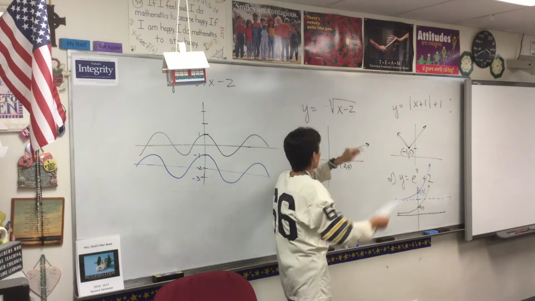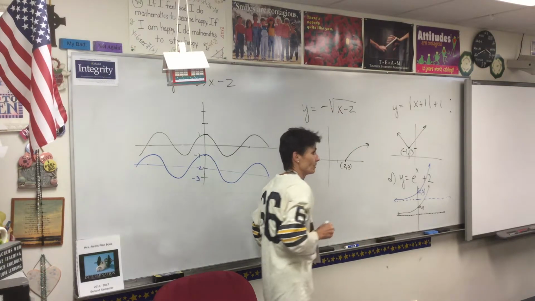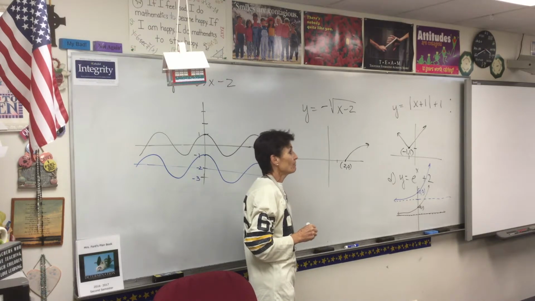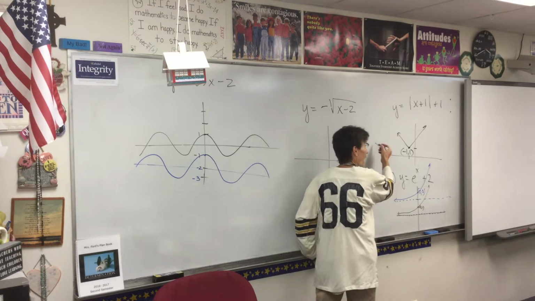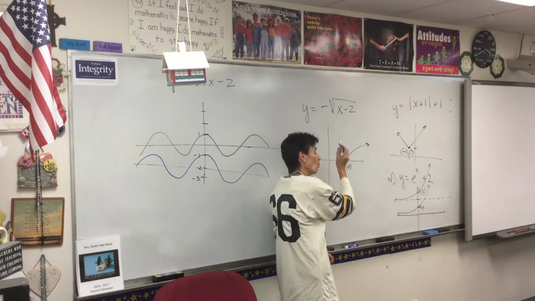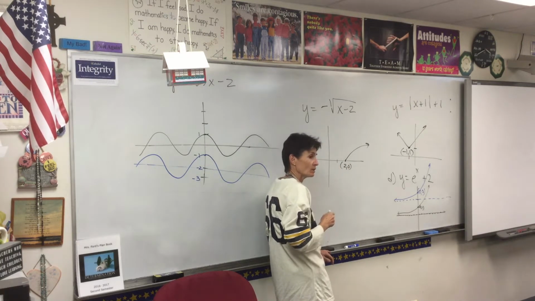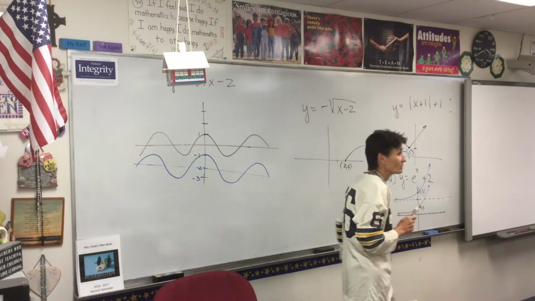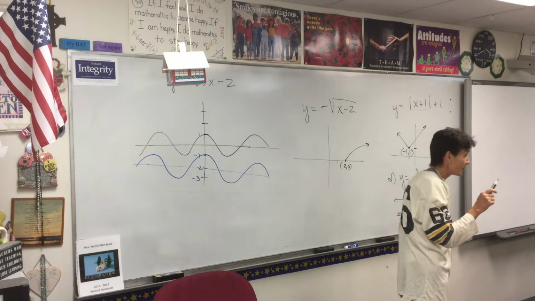This is so not fair. What, you did it last year, but we haven't talked about it. What does that do? It makes it go down. It flips it upside down. So instead of having the top half, we have the bottom half. And why does Mrs. Ford think that it's okay to put that on there? Well, do you remember when we talked about the implicit functions? And we took the square root of both sides?